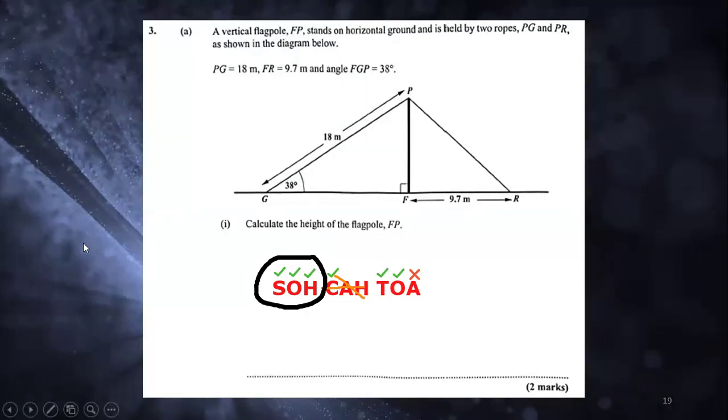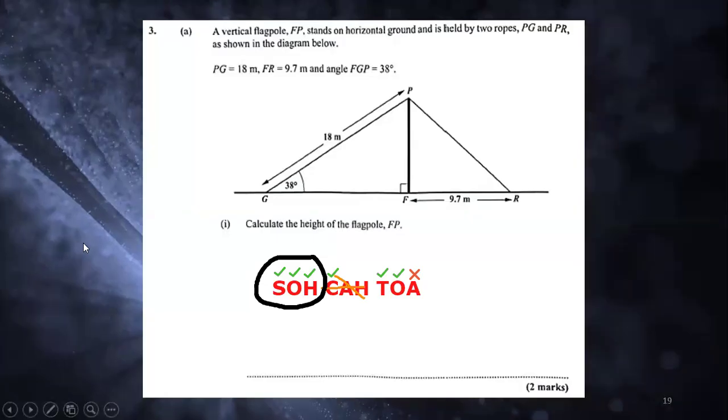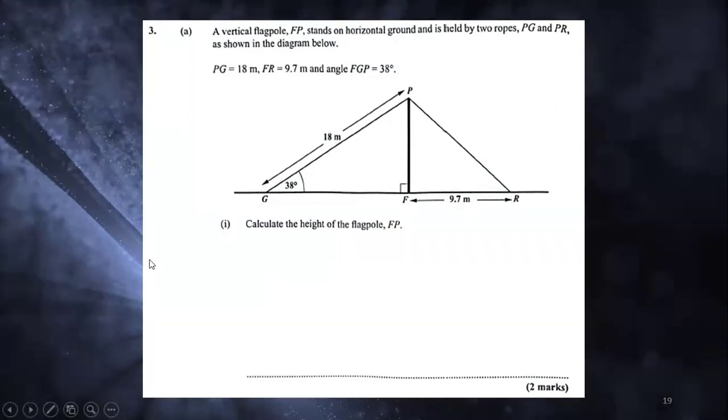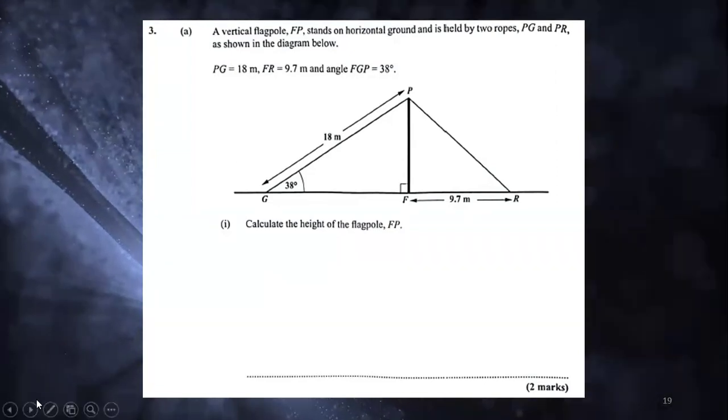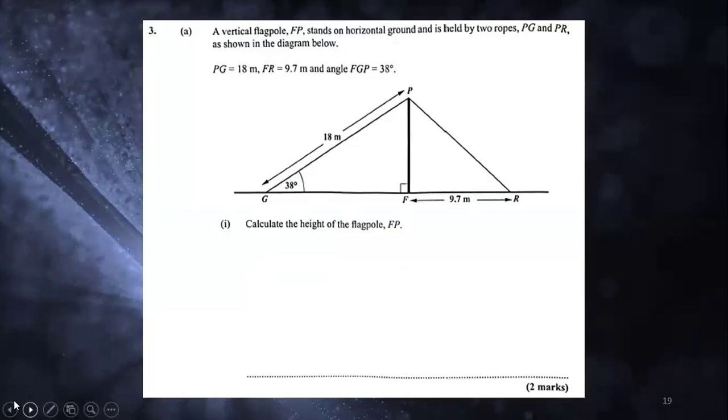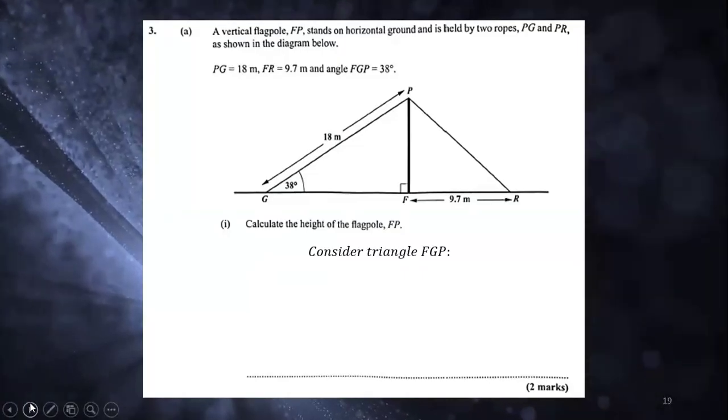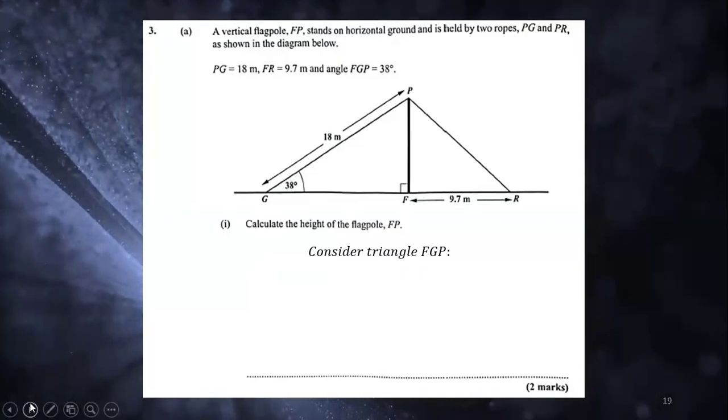So based on this, now all we need to do is the values for sine. Consider triangle FGP.